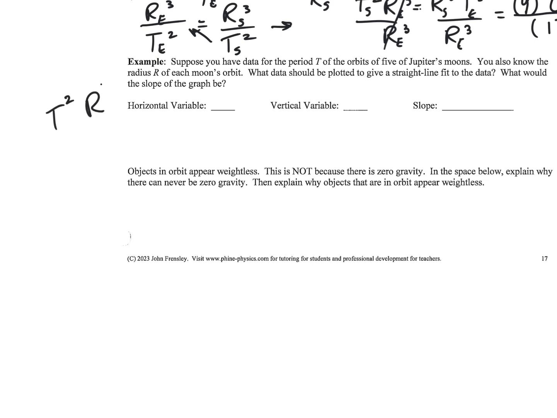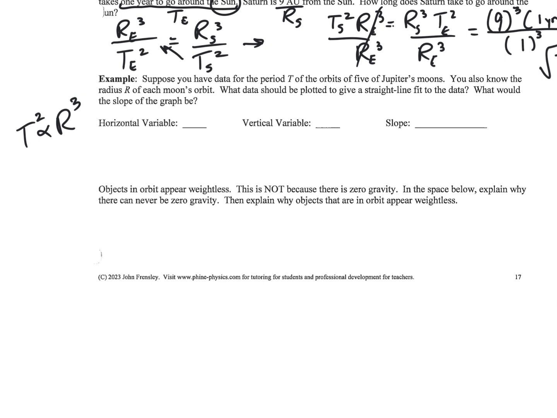So pick one. If we're measuring the radius versus the period, the radius would be r cubed, and that would make the vertical T squared.